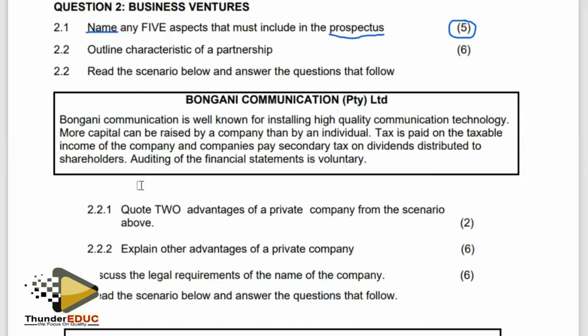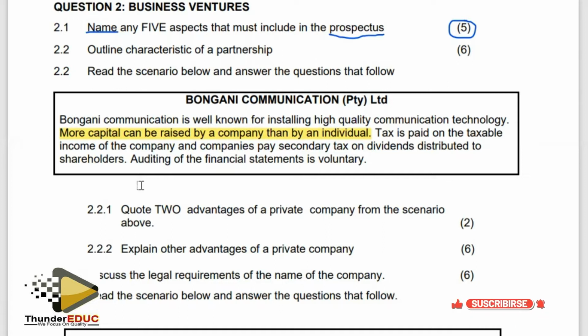We are saying that more capital can be raised by a company than by an individual. That's very important because very many people contribute capital compared to a sole trader. We are receiving a lot of capital.